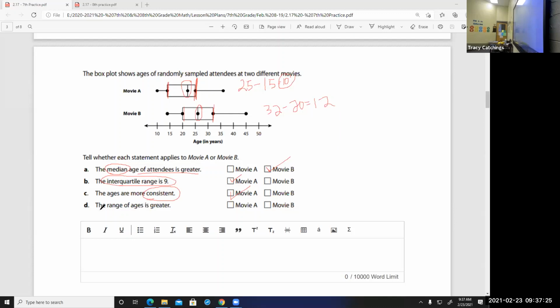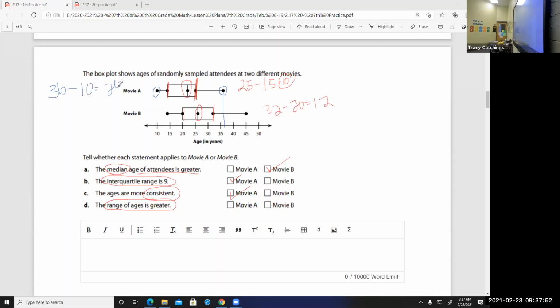Movie A. All right, the D says the range is greater. How do we find the range? Highest and the lowest. So what would you say the highest of movie A is? That's about what? All right, 36 or 37, and then look at the lowest value. All right, that'll give us about what?